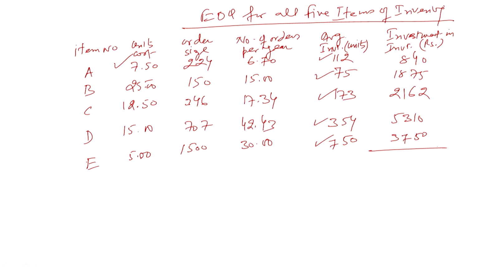So this is the total investment we have to find out, and if you total it up, how much does it work out to? 13,927 rupees. This is the total investment made in the inventory in all the 5 items before imposing the restrictions by the bank, this much of the funds are invested by the company into the inventory by borrowing it from the bank.